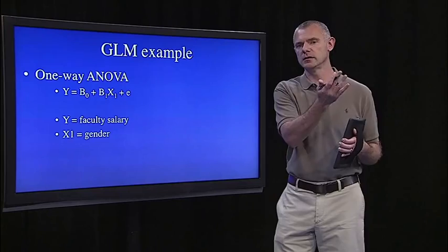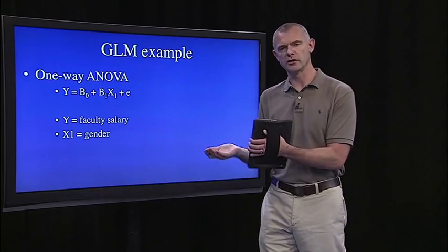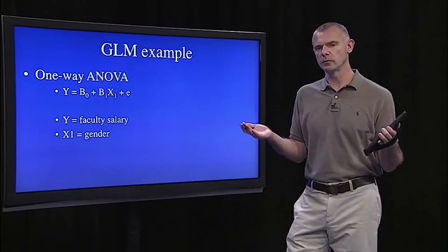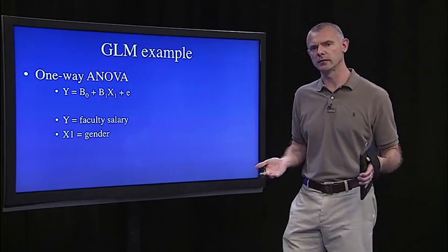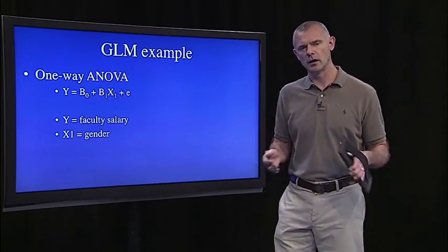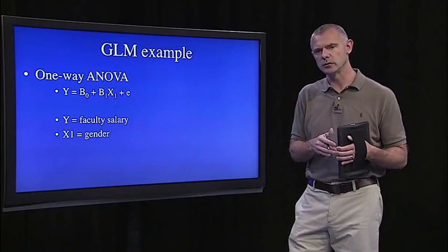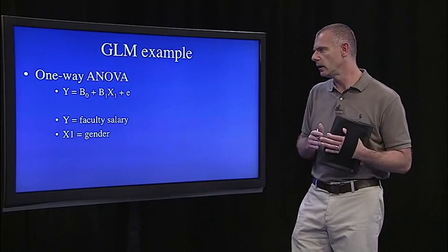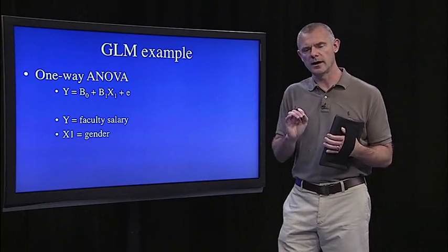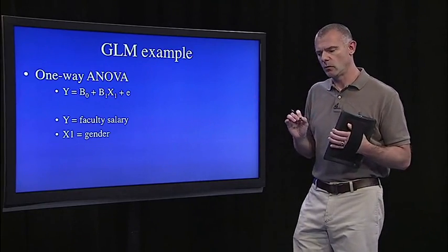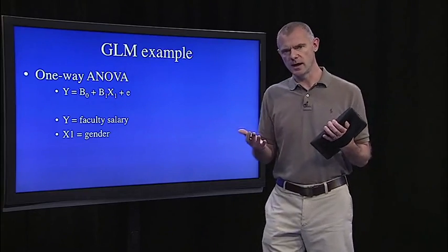So predicting faculty salary from number of publications. Both of those variables were measured on continuous scales, and we had a range of values in our distributions, in our sample. Here, when we do analysis of variance, we're dealing with experimental designs.